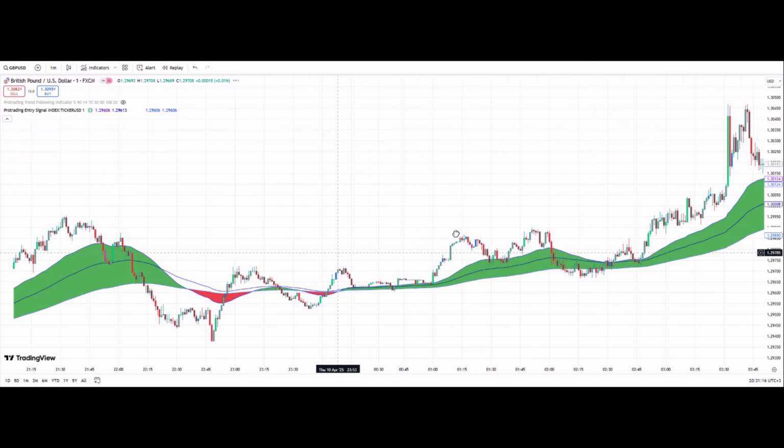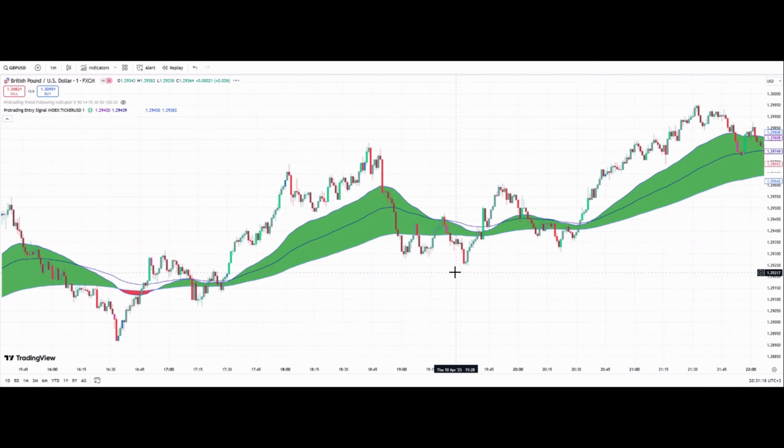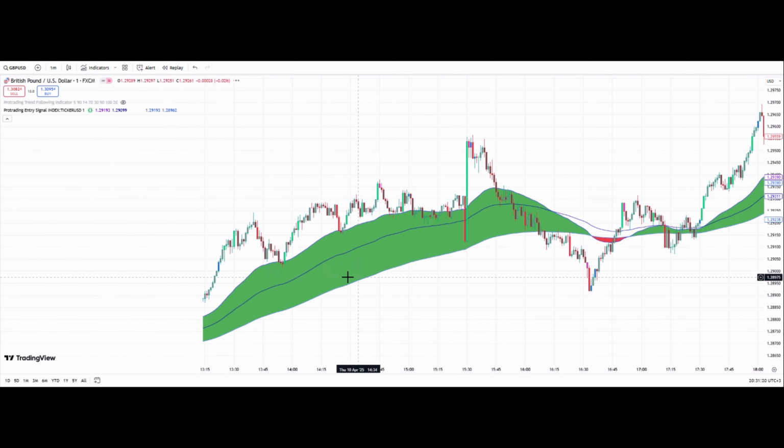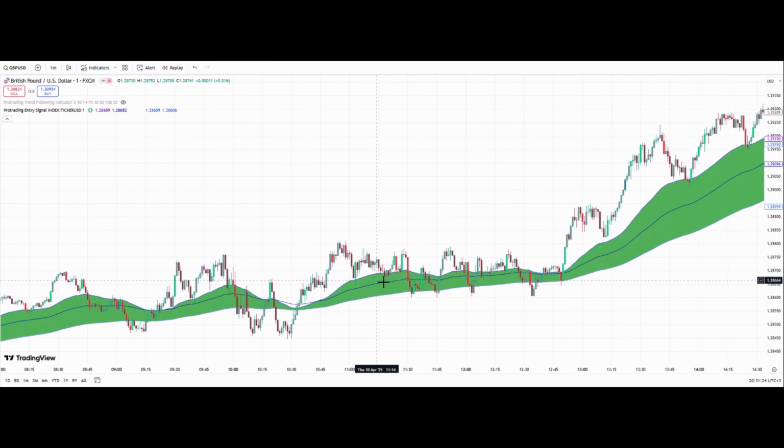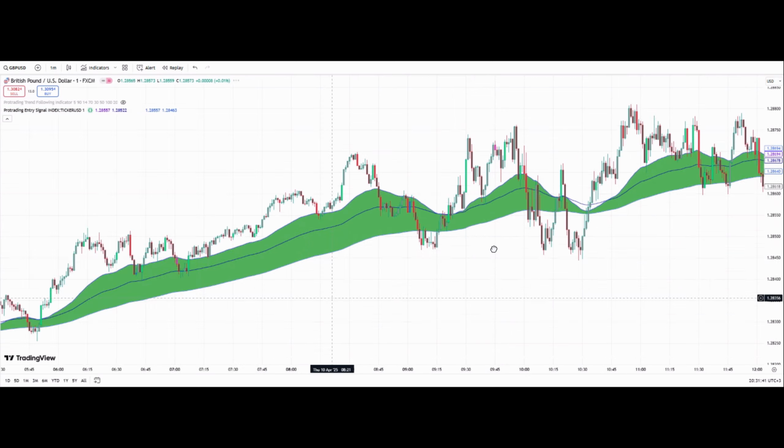So how do we trade with this indicator? When you have the green cloud going up, this means we are currently in an uptrend, and we have already defined our direction because the cloud is green, and we just need to focus only on buying the market.